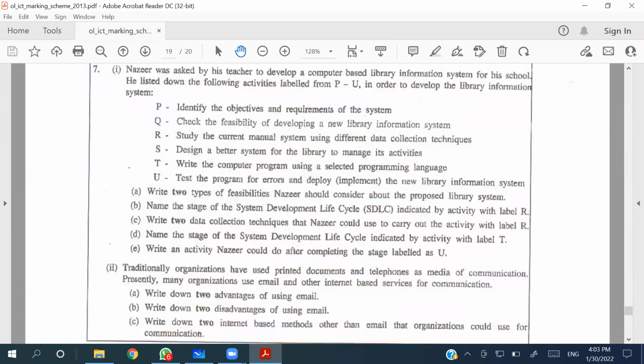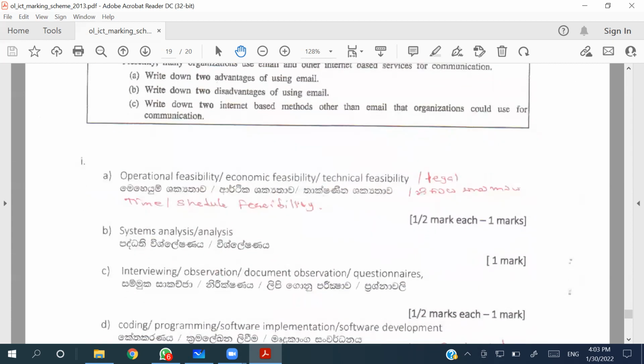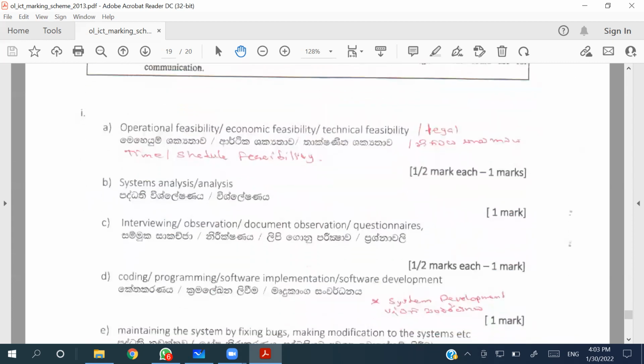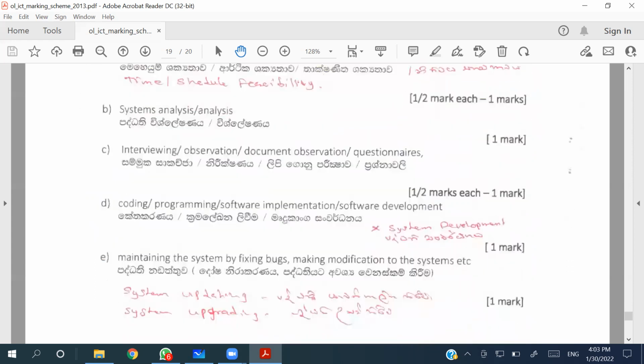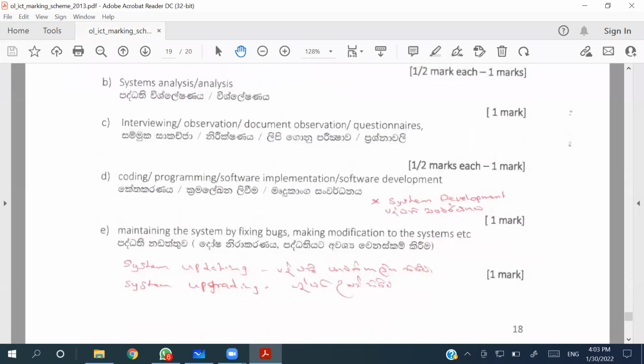And in C part, they are asking, write 2 data collection techniques that Nasir could use to carry out the activity with label R. Now that makes me doubt. Data collection is not happening during the data analysis. That's awkward. Anyway, these are the ways we use to collect the data: the interviews, the observation, the document observations, questionnaires, right? Those kind of things.